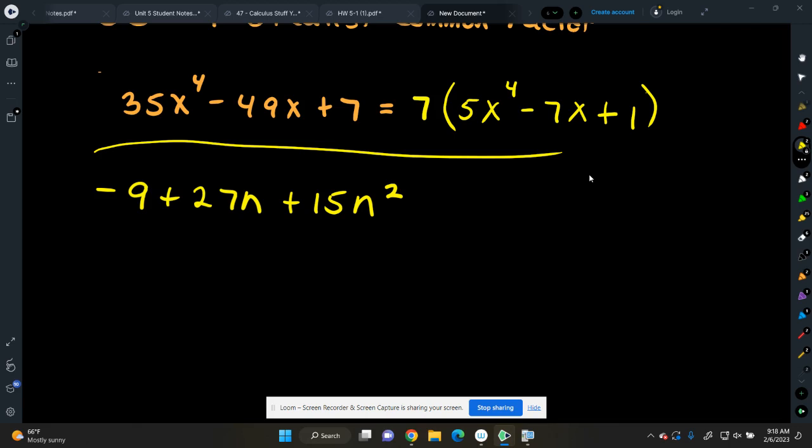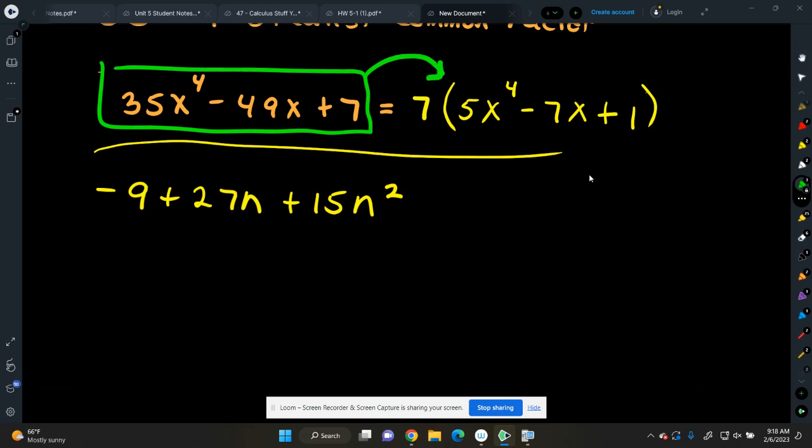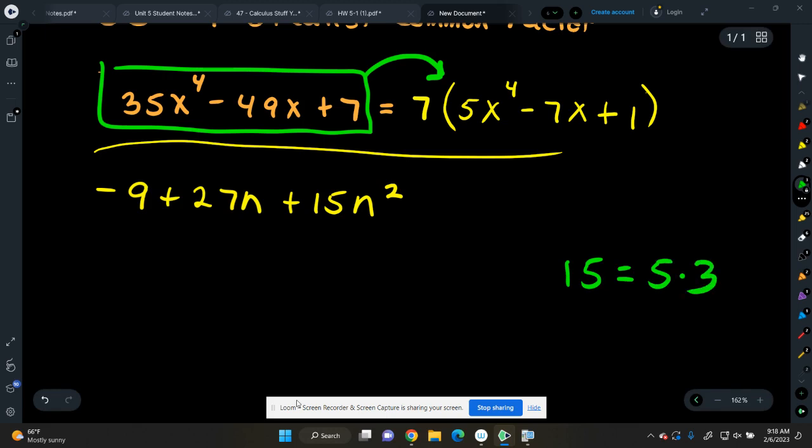There's an equal sign up there because we started with this, right? And we factored it, and I said, okay, that's equivalent to that. But when you're given the initial problem, there won't be an equal sign. Okay? We're going to write the equal sign because we're stating that they are equivalent, just like we stated that 15 is equivalent to 5 times 3.